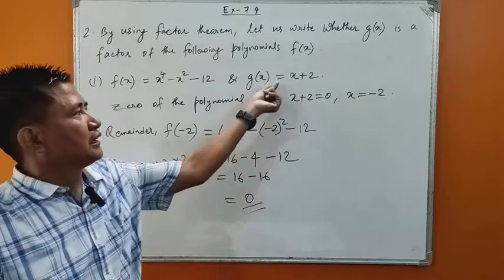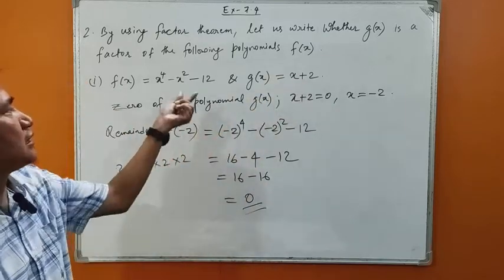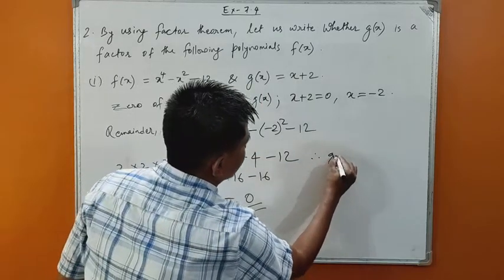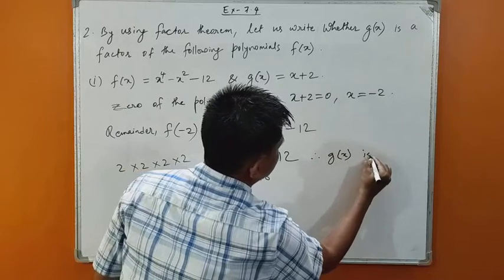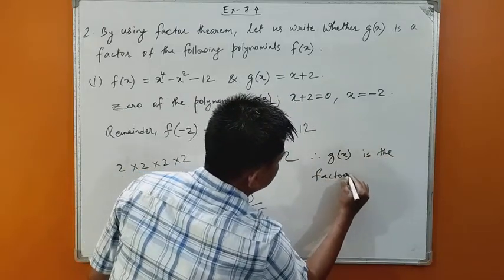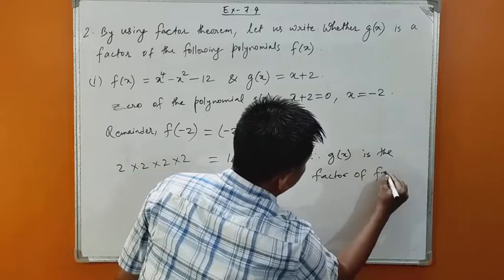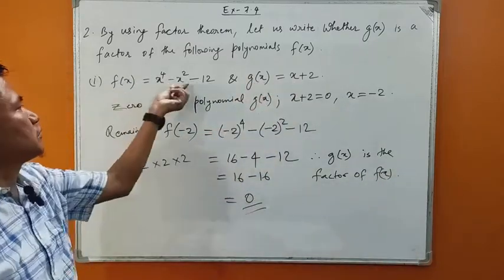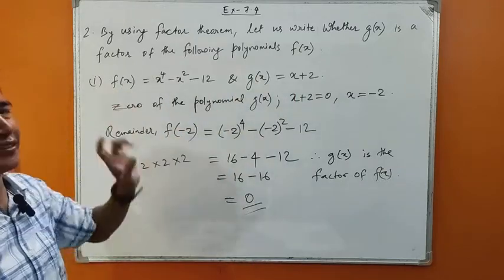So we can say x plus 2 is the factor of this expression, which means therefore gx is the factor of fx. Okay? Are you getting me? gx means x plus 2, fx means this. So gx is the factor of fx.